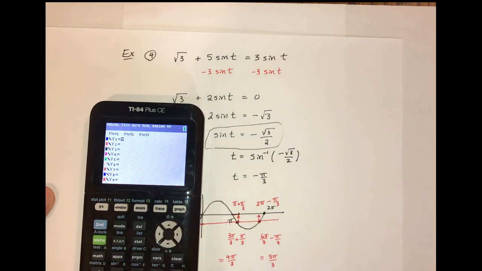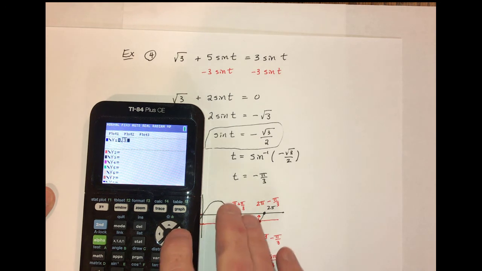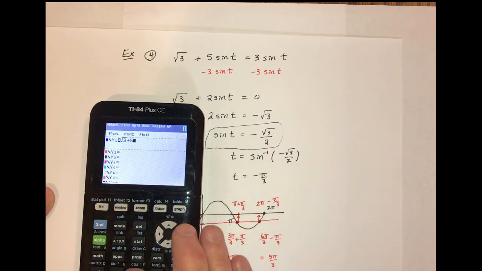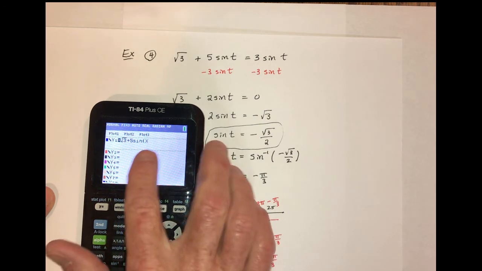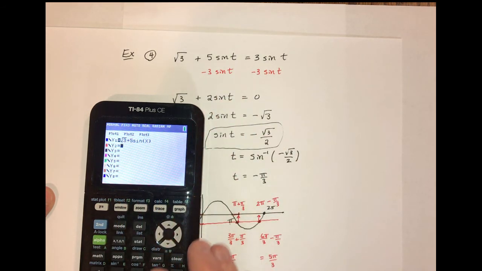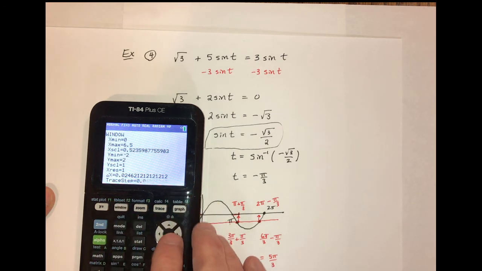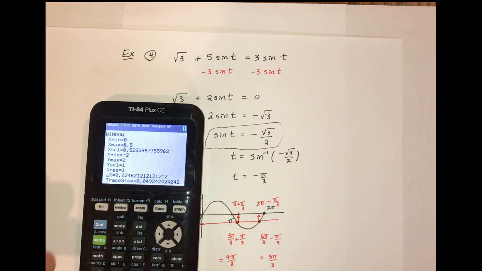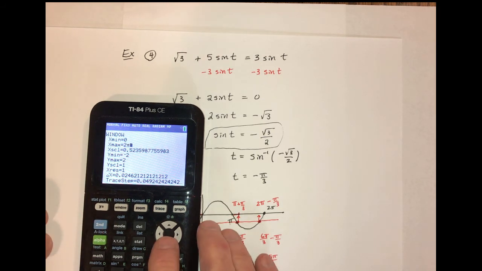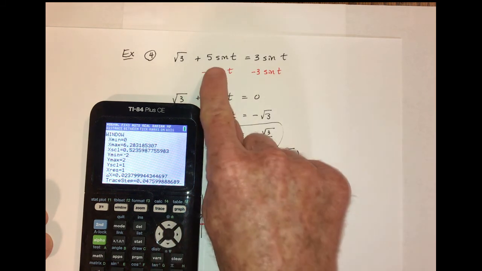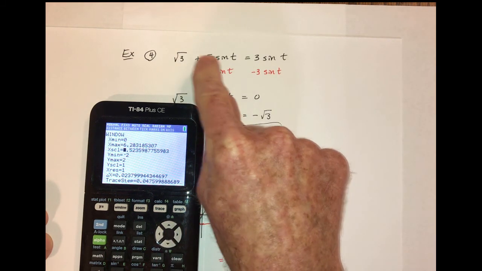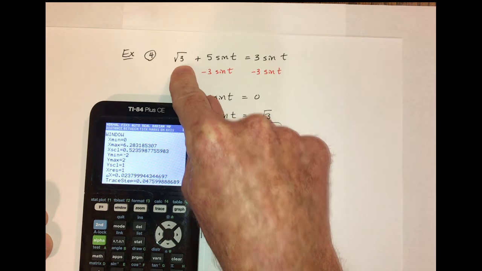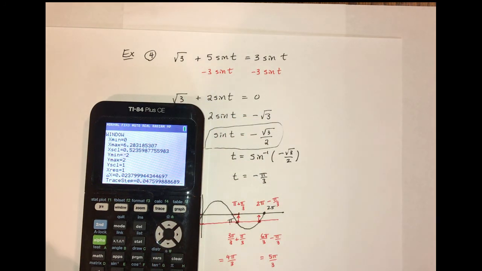Square root of 3 plus 5 sine, the calculator wants to use x instead of t, that's fine. And then 3 sine of x. Change the window to go from 0 to 2 pi. And then this could get as big as 5 plus something else. So on the y values, maybe go from negative 8 to positive 8.